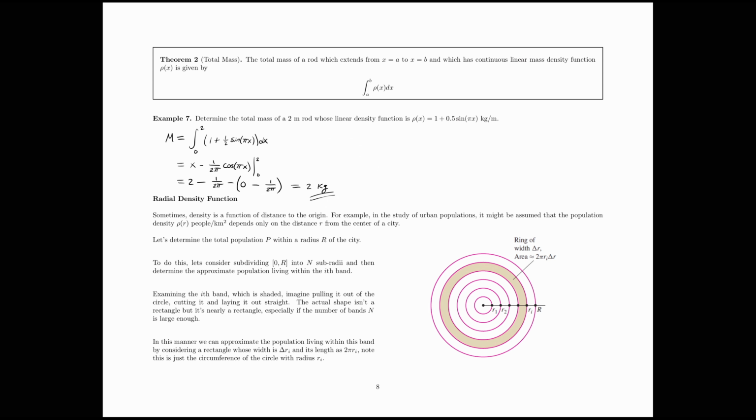Roughly speaking, you can model a population's density based on how far away you are from a city. So in Philadelphia, you could think about how far away you are from Philadelphia, and then the population density should decrease the further away from the city you are.